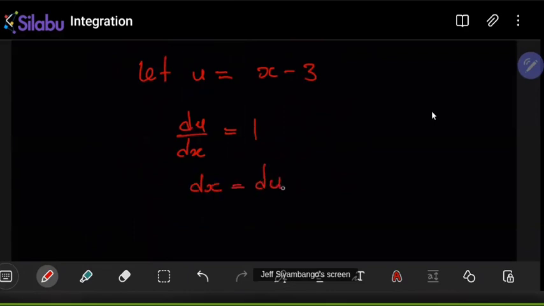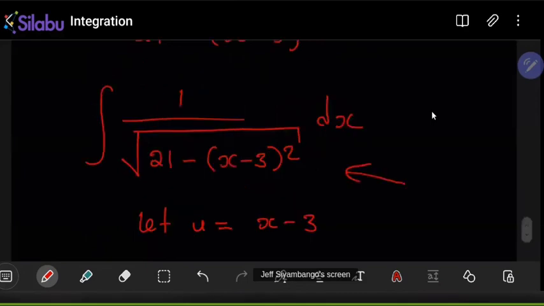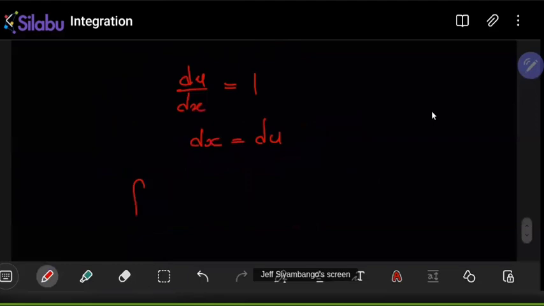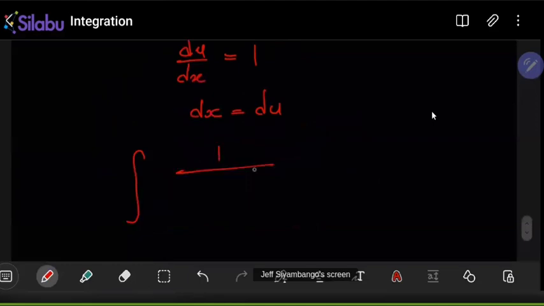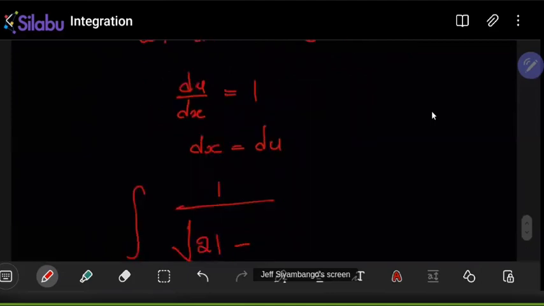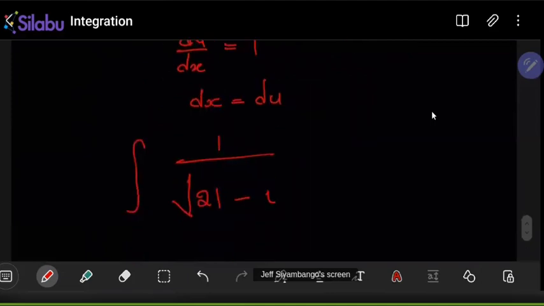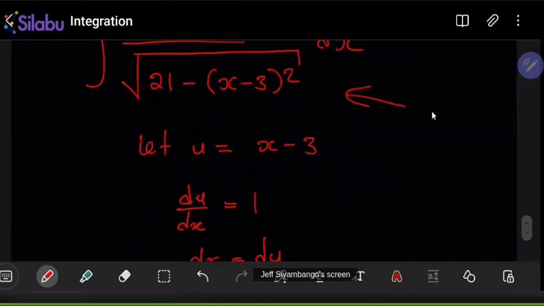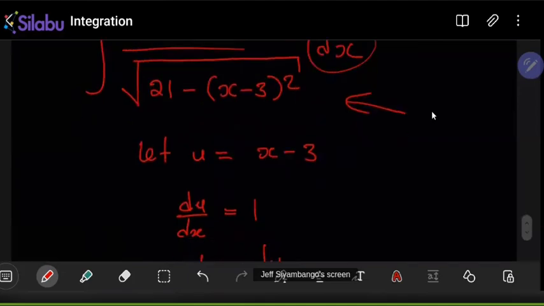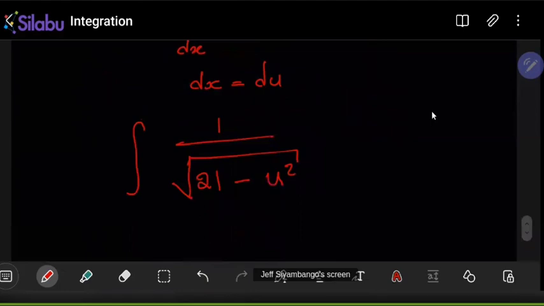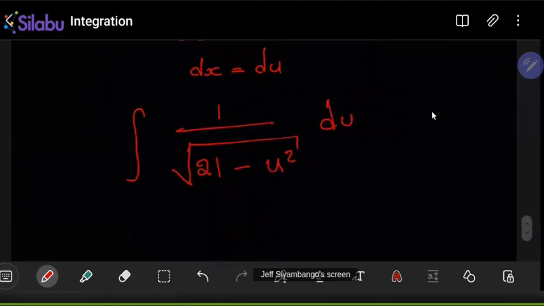So when I come back to this integral and substitute, what I now have is the integral of 1 over the square root of the 21 remains untouched, then minus, where there is this x minus 3, I'll put u, so it just has to be squared. And then where there is dx right here, we saw dx is just the same as du, so I'll just put du there. So this is what I'm now looking at.